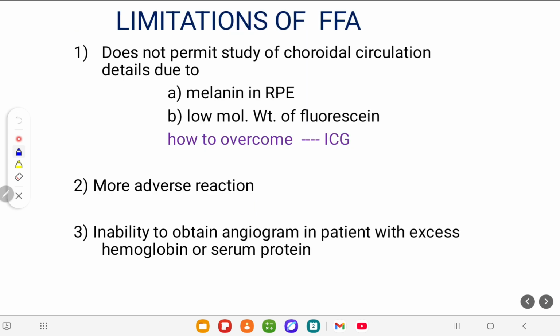So what are the limitations of FFA? It does not permit study of the choroidal circulation. It's very important. Why? First, melanin in the RPE hinders the study of the choroid. Second is the low molecular weight of fluorescein, which definitely diffuses from choroidal capillaries.